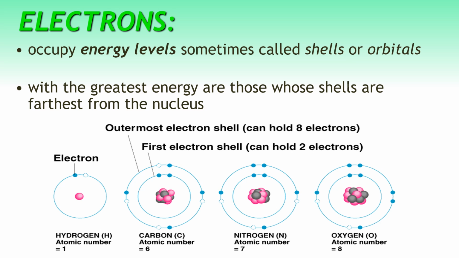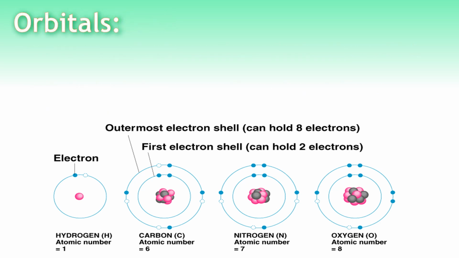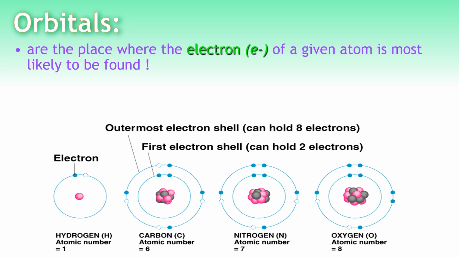Now, again, we have this misleading term. Again, in the pictures here, the paths of the electrons look like they're moving in circles, like they're in orbit. So let's talk about that in a little bit more detail. Orbitals aren't regular paths, but they are the place where an electron is most likely to be found.